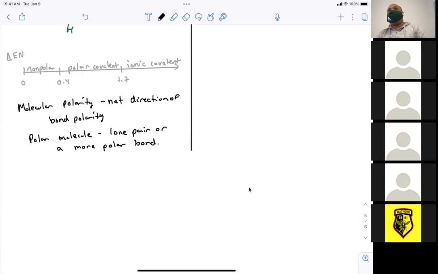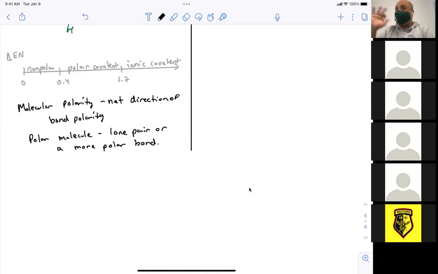Okay. For SL, if you have a lone pair on your central atom, it's polar automatically. For HL, that is not true, which we'll talk about. But for SL, if you have a lone pair on your molecule, it's always going to be polar. And it's always going to be polar toward that lone pair because a lone pair trumps any electronegative atom. So if you have a lone pair, it's going to be a polar molecule.